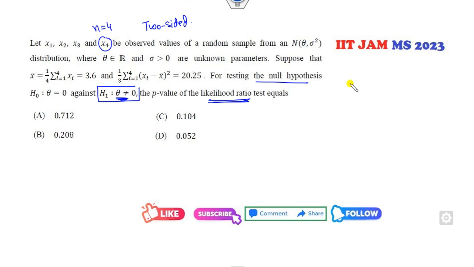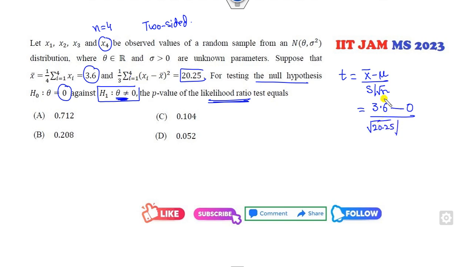But it's a small sample, so again I can use this value: X bar minus mu over s by root n. X bar, the sample mean, is 3.6. Mu under H naught is 0. S square is 20.25, divided by n, root 4. If you do the calculation, you will get 1.6.